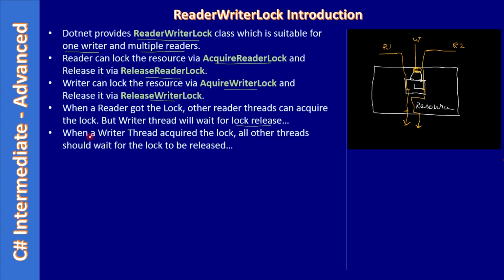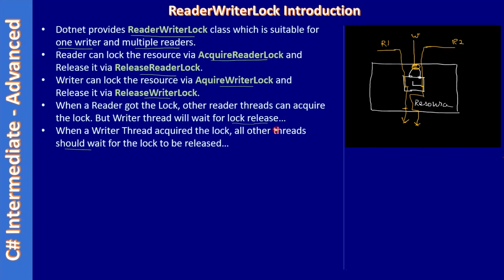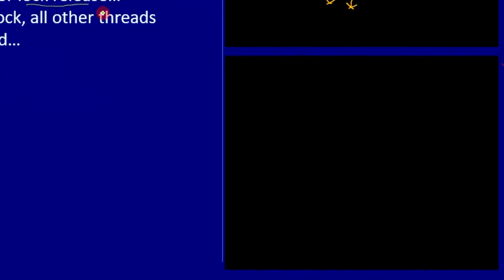Here, let's state that when a writer thread acquires the lock using acquire writer lock, all other threads should wait for the lock to be released. All other threads, in the sense, here we can consider both readers as well as writers. Once again, let's state there is a shared resource. Let's state that there is a writer thread and it is using the resource.